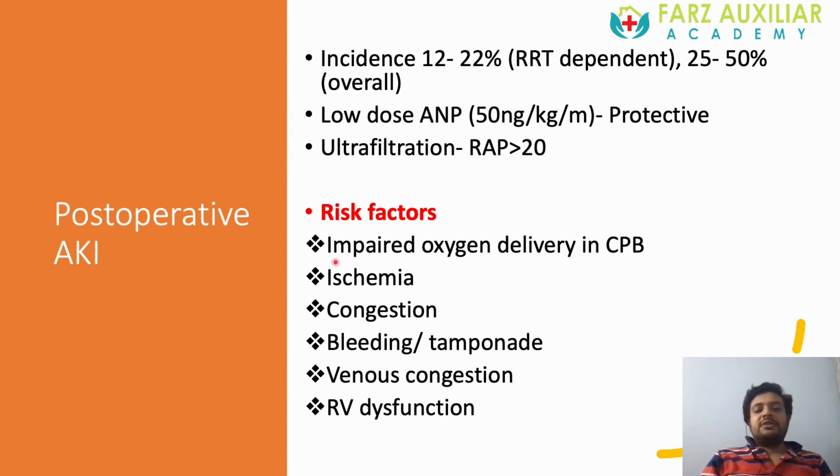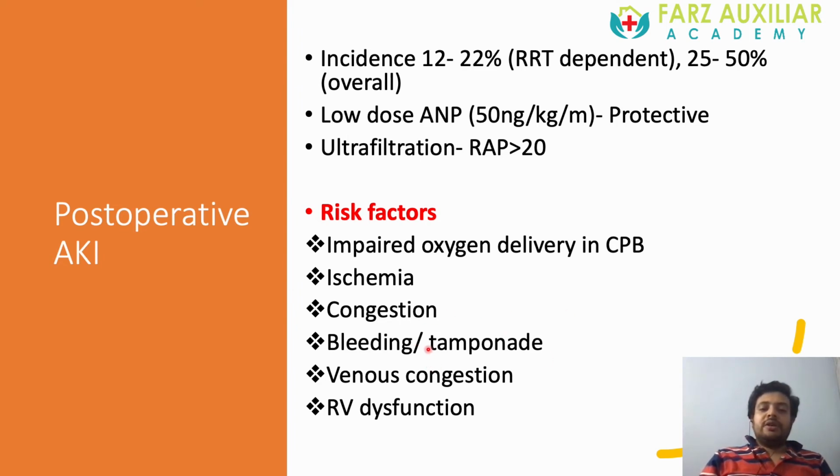So the risk factors identified in this group of patients are impaired oxygen delivery, ischemia, venous congestion, and another important factor, bleeding and tamponade. Regarding bleeding and tamponade, one thing you must remember is that cardiac tamponade after heart transplant may not always be detected in the transthoracic echocardiography if there is an accumulation of blood behind the heart, or a small lobulated accumulation.